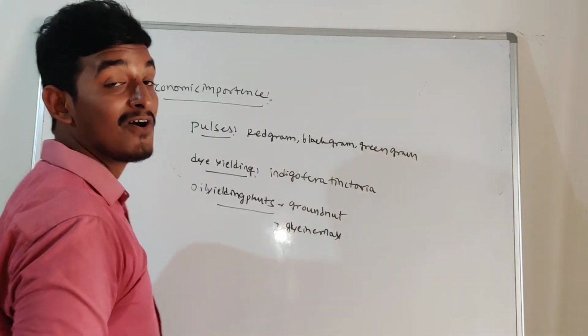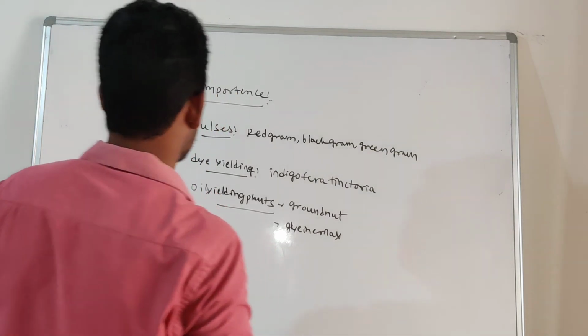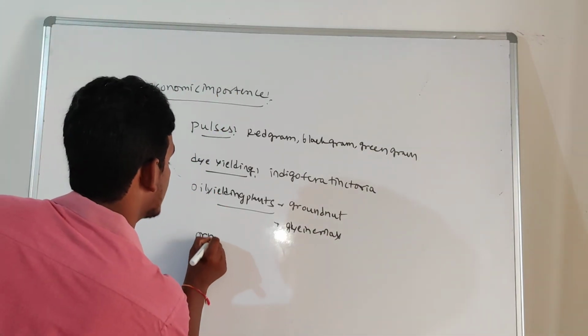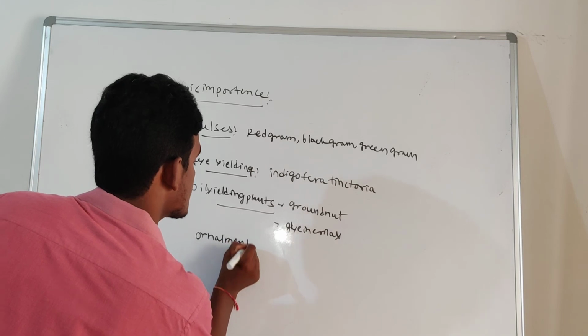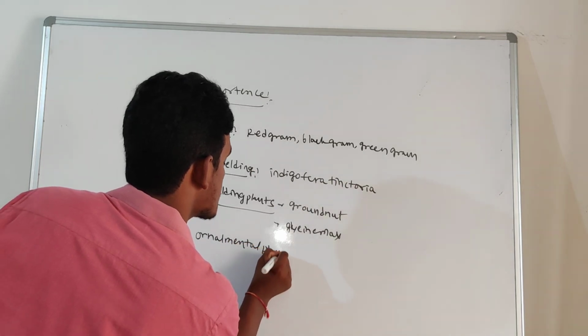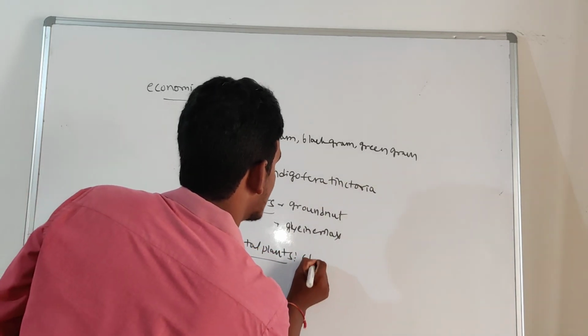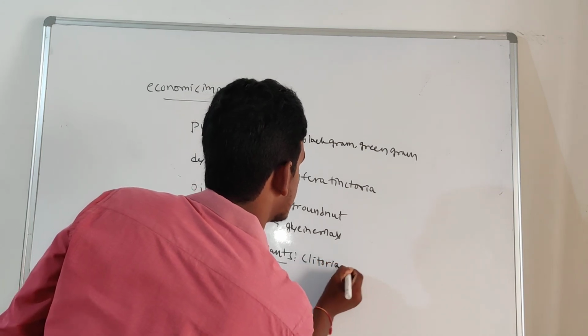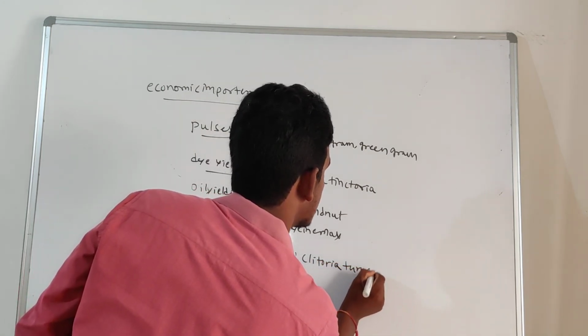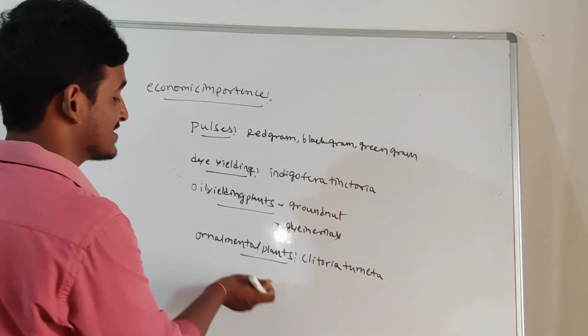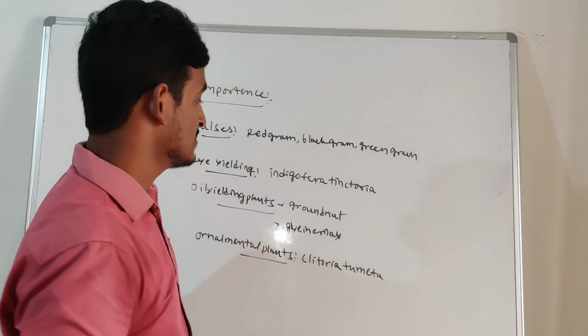Right, so these are oil yielding plants. So later about ornamental plants. Clitoria ternatea. It is used as an ornamental plant.